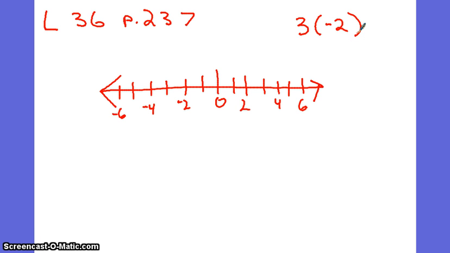Well, multiplication means we're going to take -2 and multiply that 3 times. We started at 0, we're going to go -2 once, twice, 3 times. What do we end up with? We end up with -6.